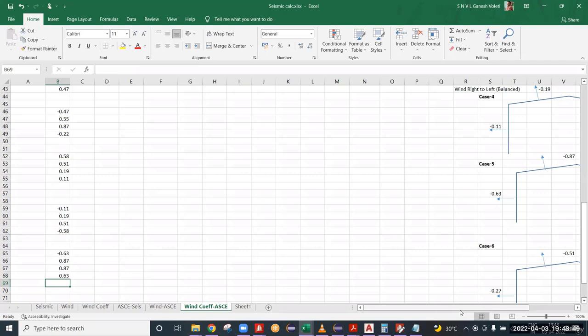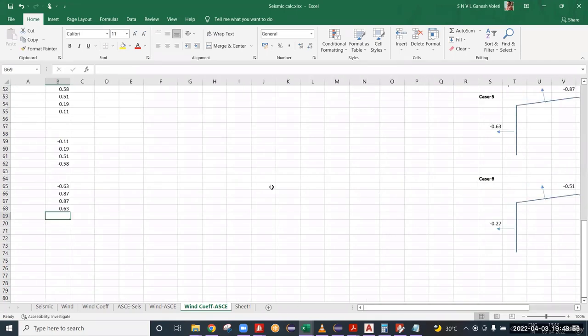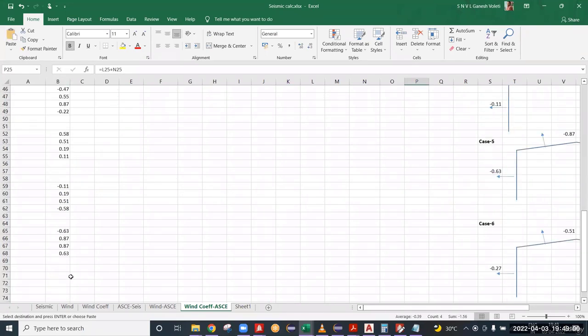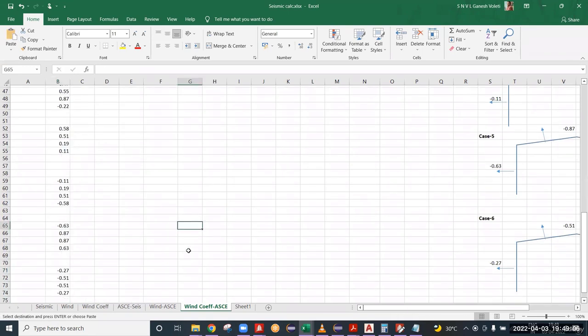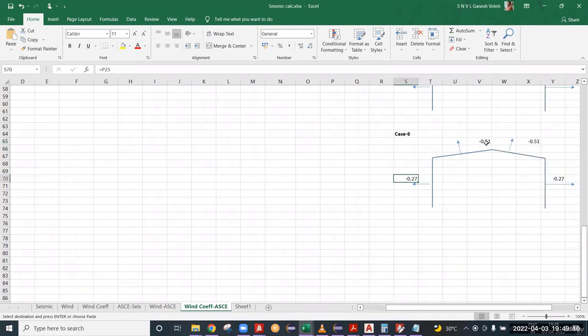So it is clear. And the last case values, I'm copying. So again, if you see, this is negative and these three are positive, right?